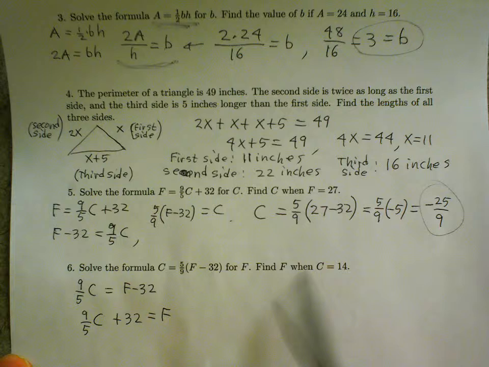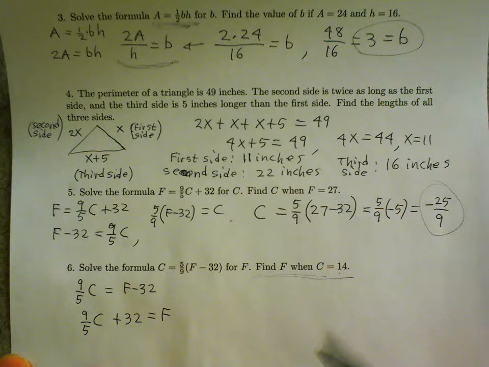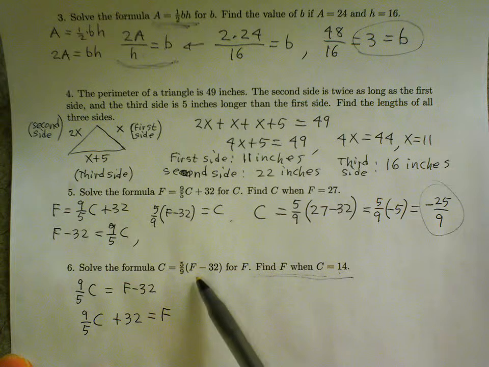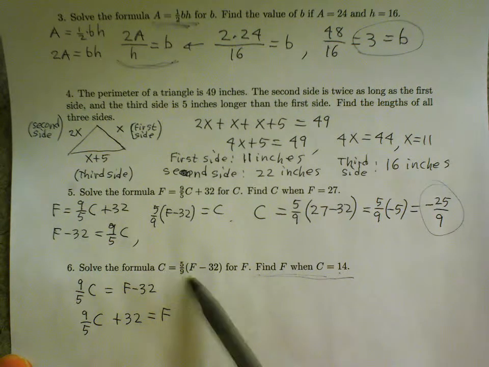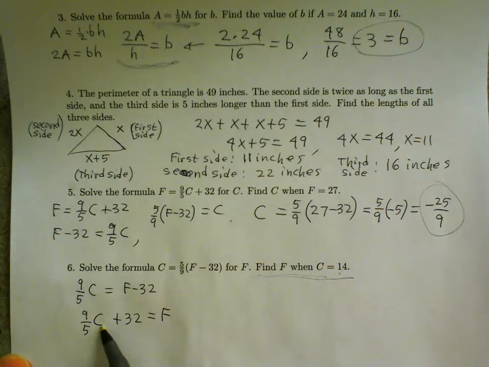Okay, for the second part, find the value of F when C is 14. So once again, we have two options. We can use the original formula, replace C with 14, and then solve for F. Or we can use this equation that's already solved for F and just replace C with 14.